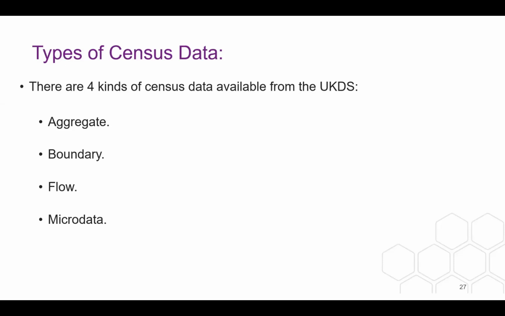Because individual records contain a wide range of individual and household characteristics, the data enable multivariate analysis for a range of purposes. The UK Data Service holds contemporary data from 1981 to 2021 censuses and microdata samples from 1961 onwards.